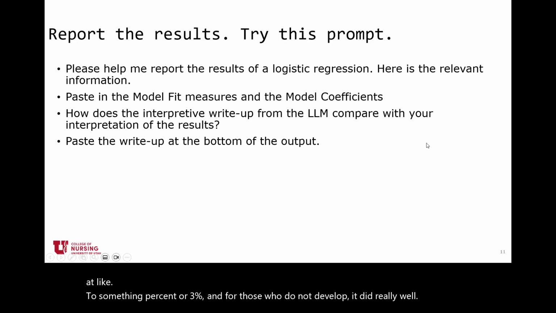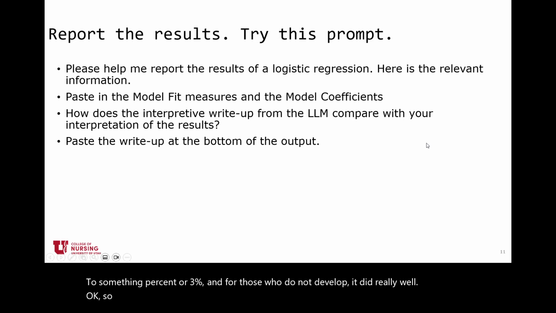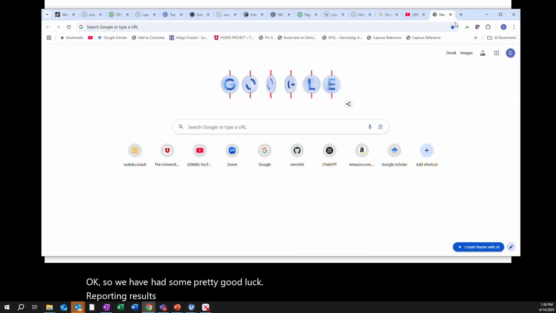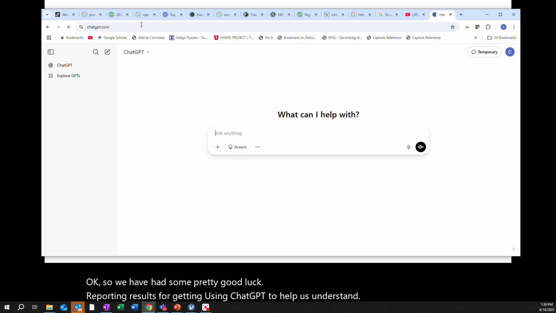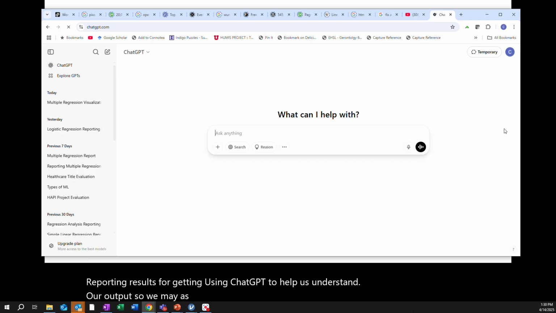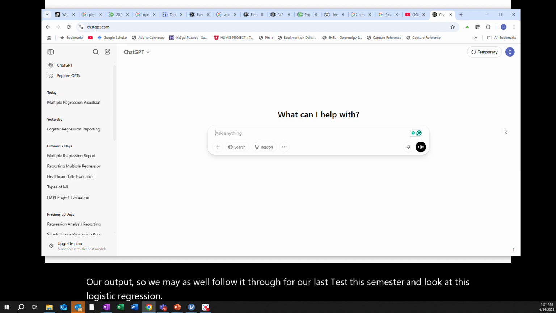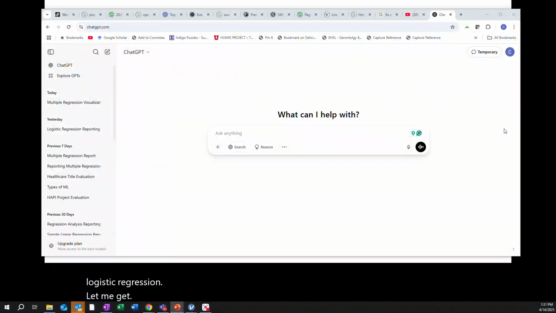Okay, so we have had some pretty good luck reporting results using ChatGPT to help us understand our output. So we may as well follow it through for our last test this semester and look at this logistic regression. Let me get our text here for our prompt copied.